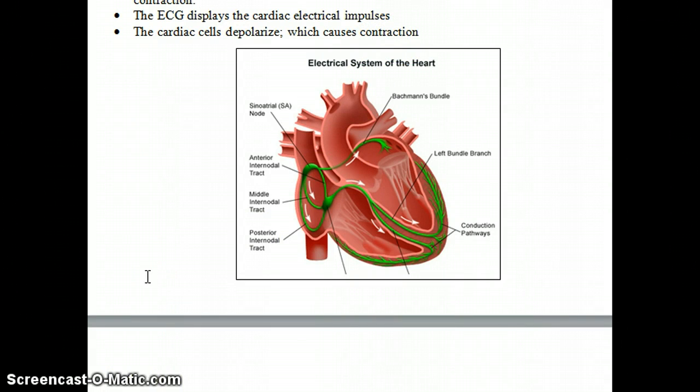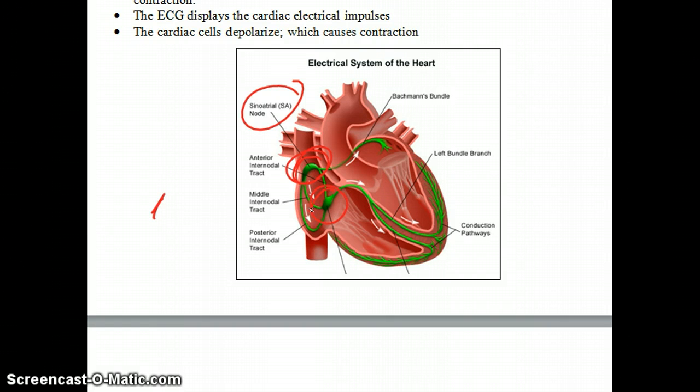Okay, so here is a picture of the electrical system of the heart. Here we've got the SA node, which again I said is the pacemaker of the heart. That signal is sent to the AV node, which is here.